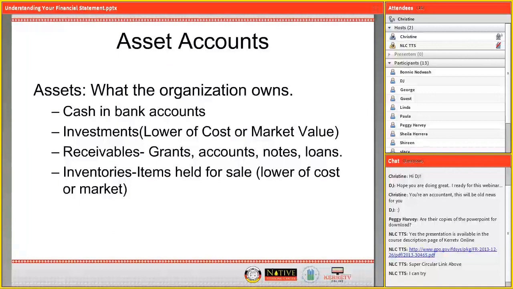All right, here's just your basic overview. What the organization owns: your cash, investments, receivables, if you have any, inventories. I mean, you may have tool inventories. That's usually the most common. You may be in a situation where you sell excess equipment. That could be an inventory item as well.